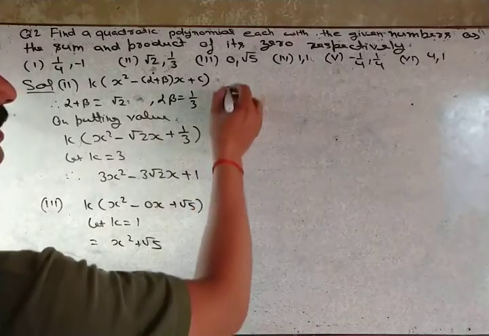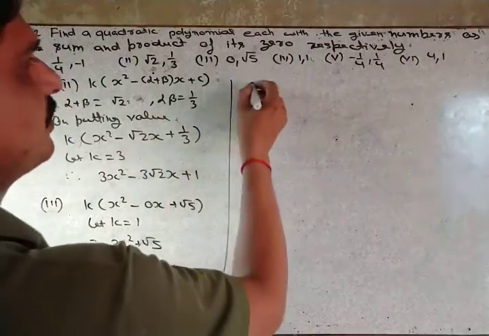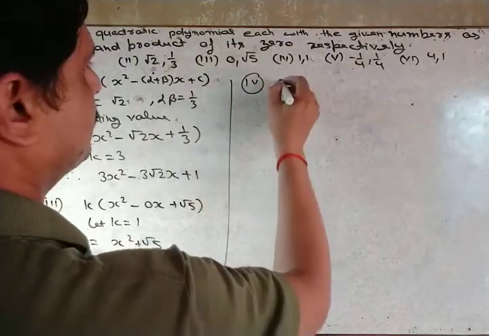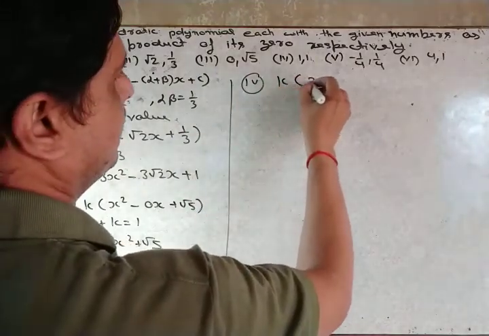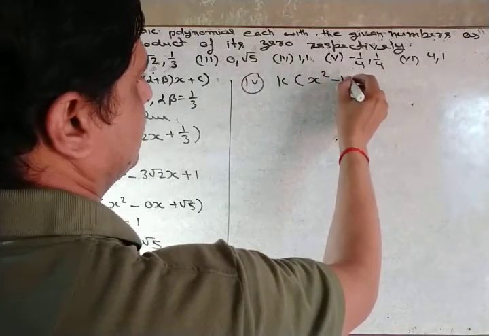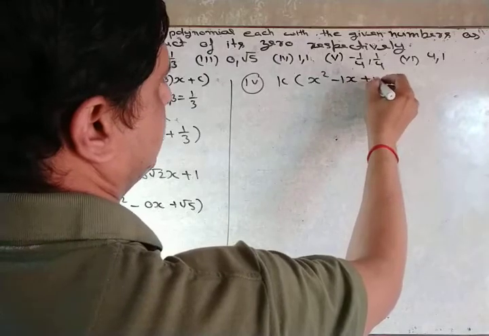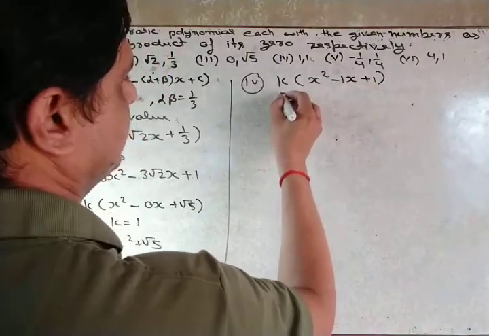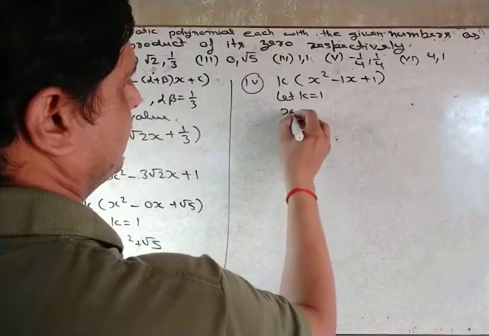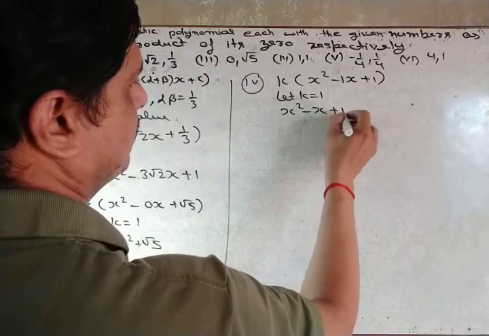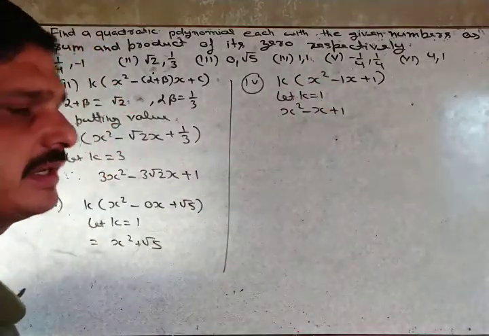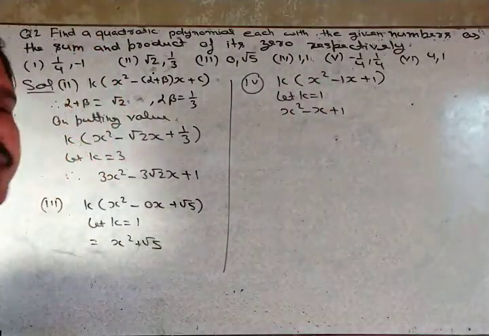Okay. Question number 4. I'm putting values k x square minus 1x plus 1, and the required polynomial, let k be 1, then x square minus x plus 1. You can also not take k, then it is workable. There is no need to take k.